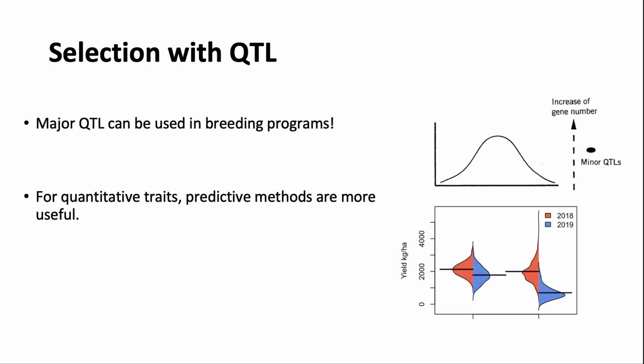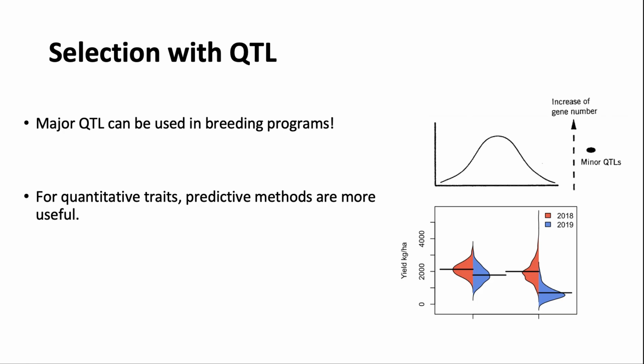But for quantitative traits, it's challenging because it's difficult to identify all the QTLs that are involved in the trait that we are interested in. And in case we are able to identify those regions, it's going to be difficult to confirm the effect of those QTLs.